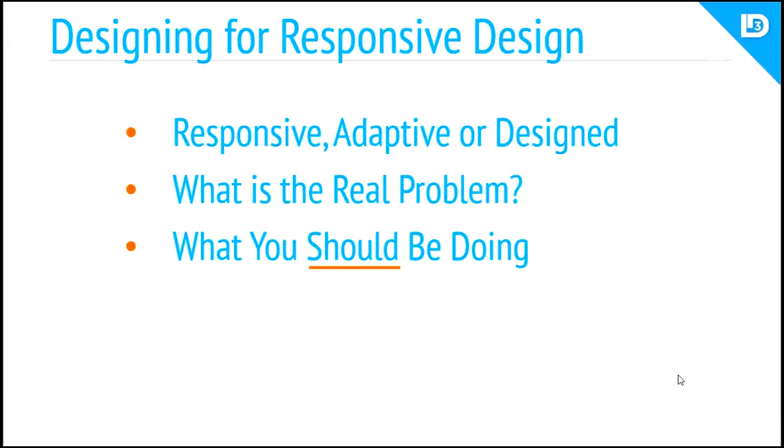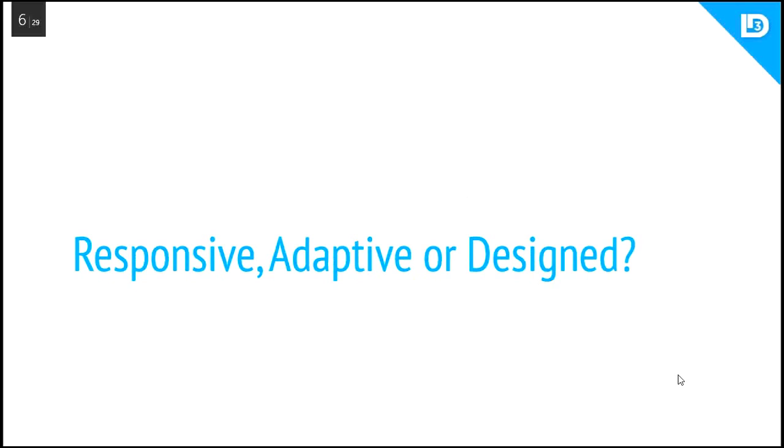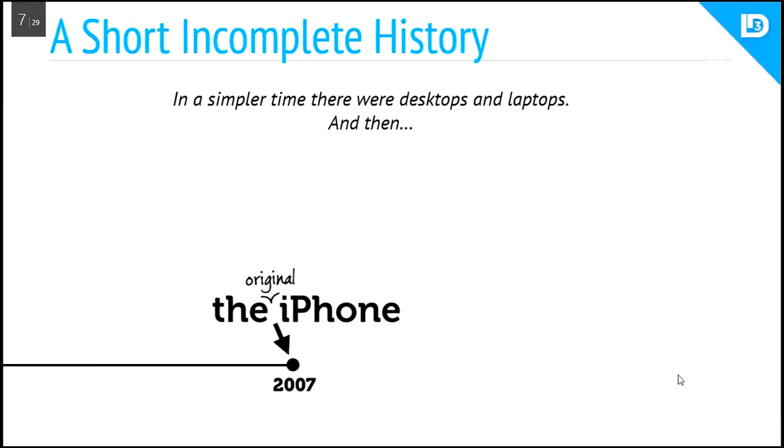And then I want to end by talking about what you should be doing when you are involved in the creation of a new site for a complex piece of software or a complex transactional website, whether it's from a designer's perspective or a UX architect, research, HF perspective, or from a development perspective. So let's dive right in. Responsive, adaptive, or designed.